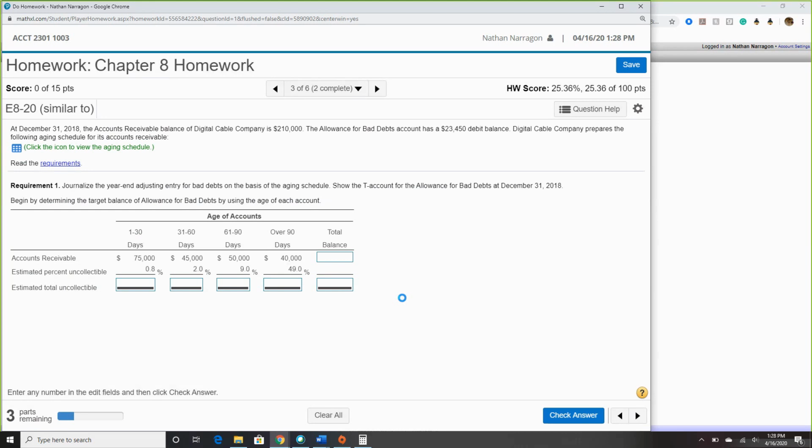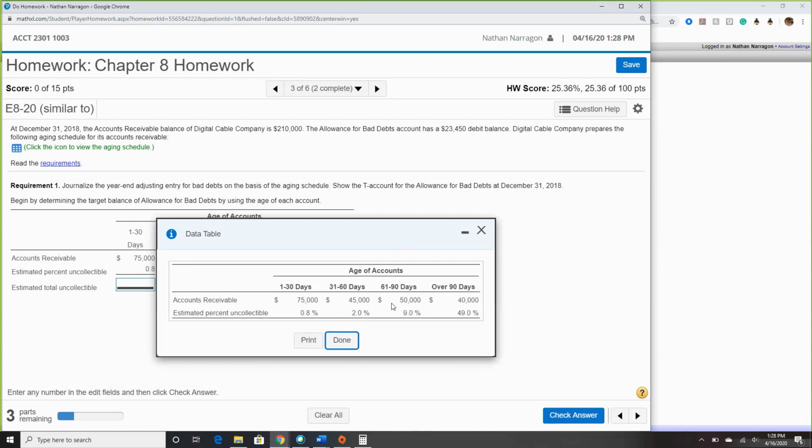Question 3 in itself is dealing with the third allowance method, which is, of course, the aging schedule, which is actually interesting on this one. So, again, we want to have our requirements. We then have click icon to view.